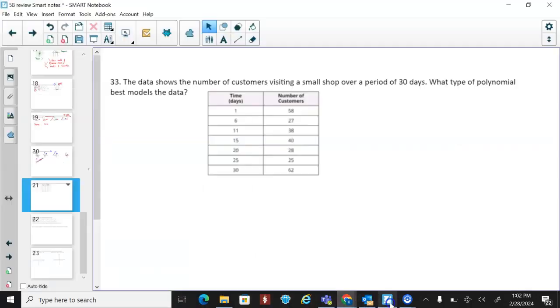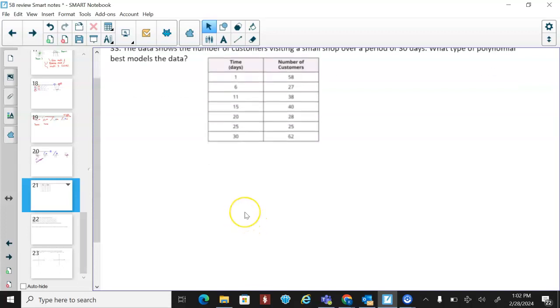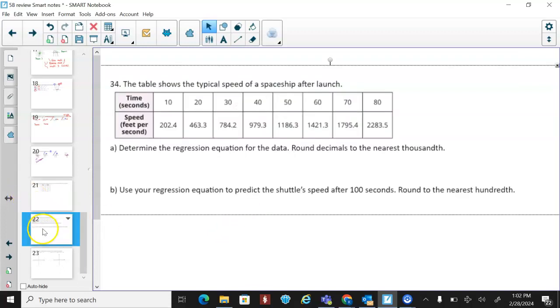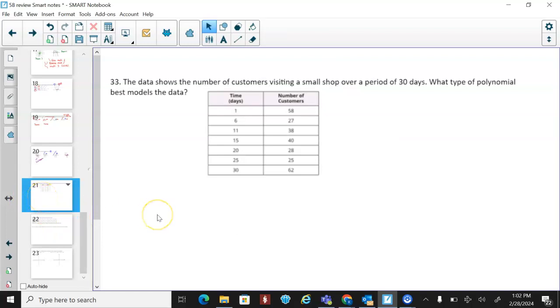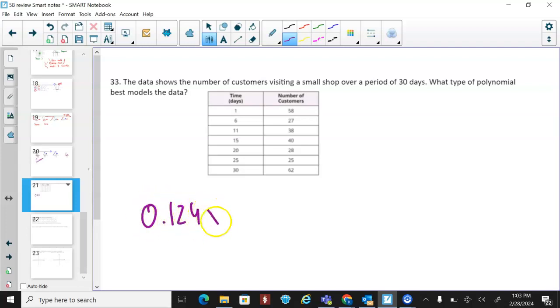Now, it is asking you to determine the regression equation for the data. So that's for part A. I don't have that slide here, so I'm just going to write it out. If I round to the thousandths, my equation would be 0.124x squared.